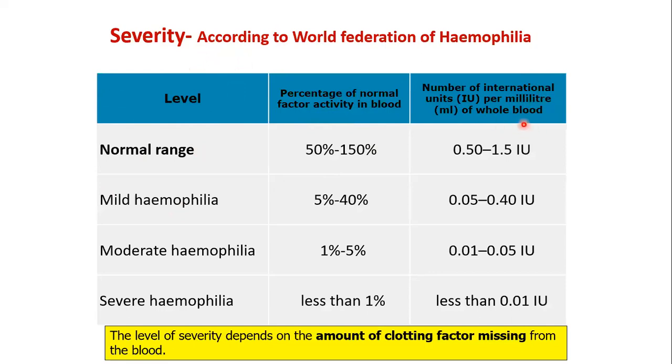Deficiency of factor 8 leads to hemophilia. Mild: 5 to 40% activity is still there, which is more than enough. Moderate: 1 to 5%. Less than 1% activity of factor 8 leads to the severe form. We will see what happens in mild, moderate and severe based on clinical presentation.